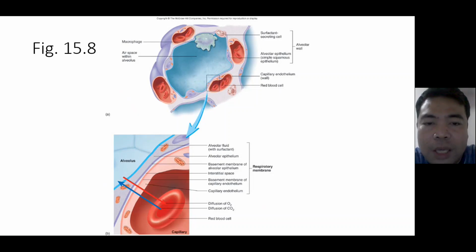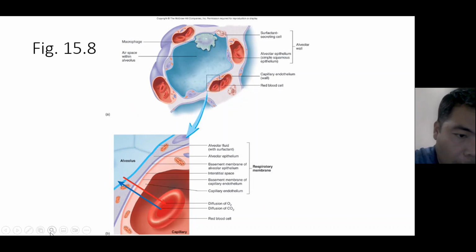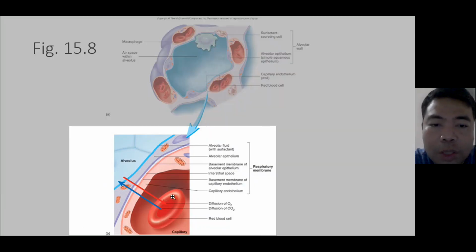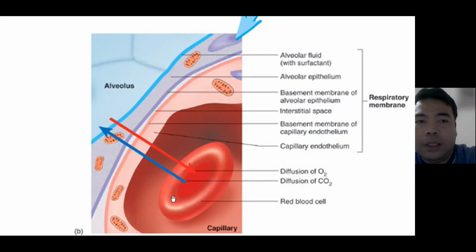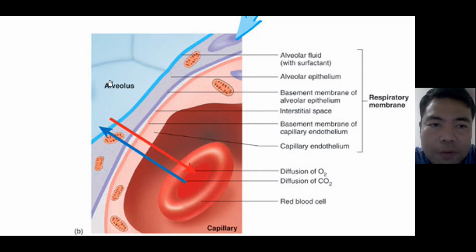So what are the layers of the respiratory membrane? Ano yung mga layers ng respiratory membrane where gas exchange is taking place? Okay. So let us enlarge this. Ayan. So ano yung mga dadaanan ng oxygen, as it diffuses from the alveolar cavity down to the pulmonary capillaries.